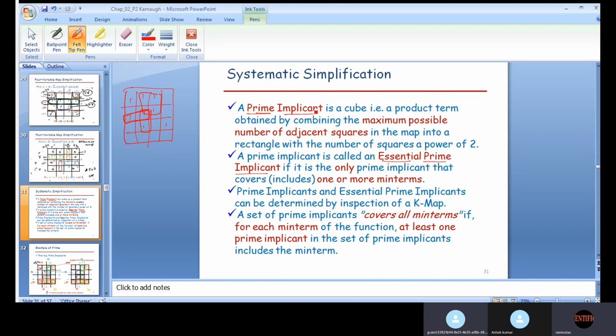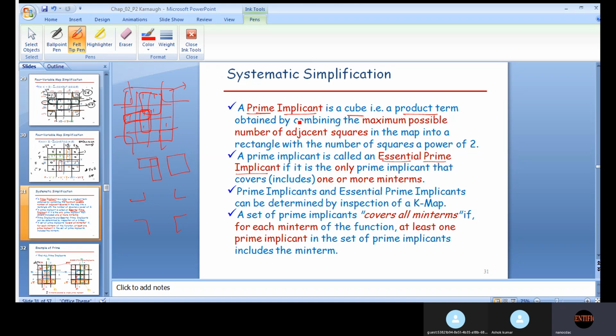Okay, so what is a prime implicant? Prime implicant is a cube. Okay, so that is a product term obtained by combining the maximum possible number of adjacent squares. So you can combine like this, or you can combine the squares like this, or else you can combine the squares like this. You can combine using the edges. Okay, so what are the product terms which you are getting?